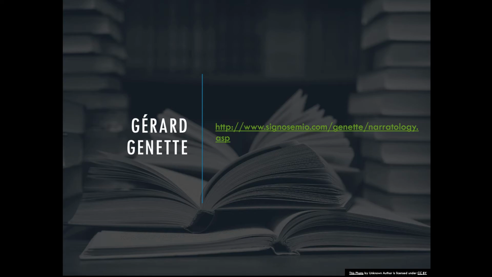He wrote a particularly famous book that deals mainly with the writings of Marcel Proust, from In Search of Lost Time, but the ideas that Genette came up with about how you analyse a piece of text have continued to be used.